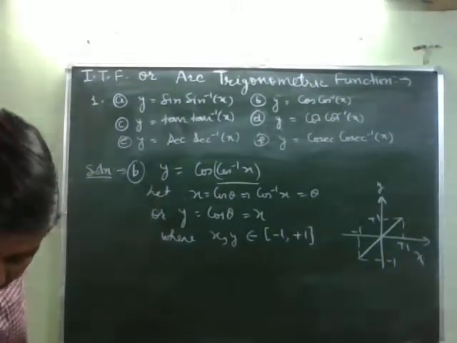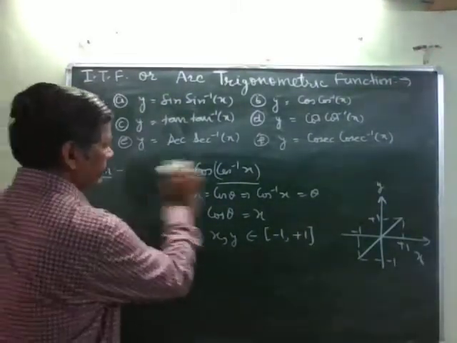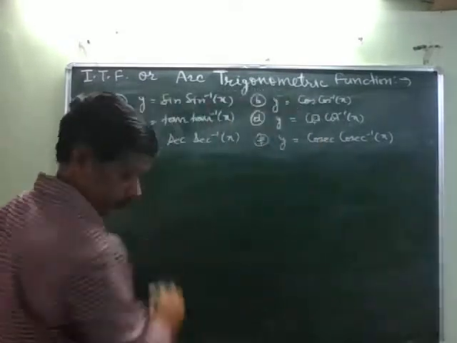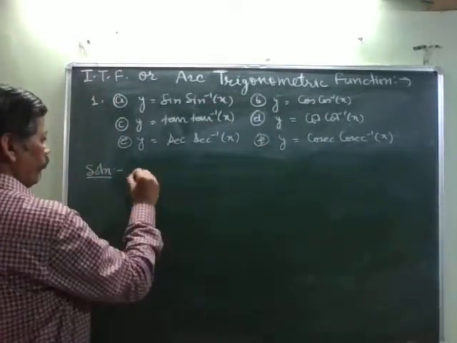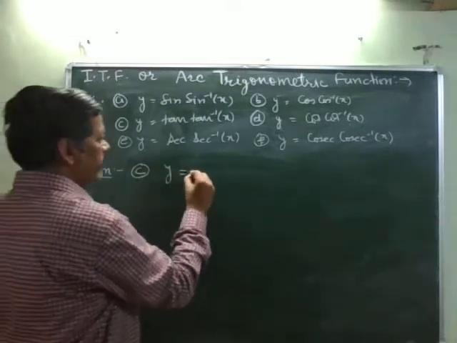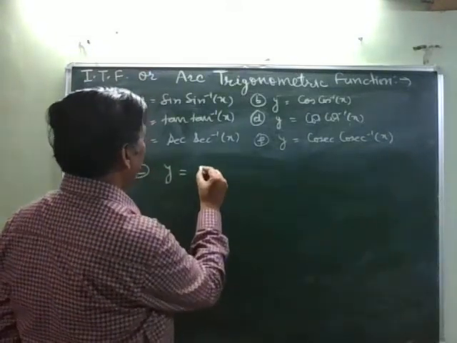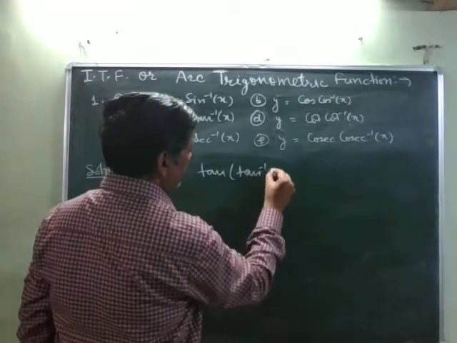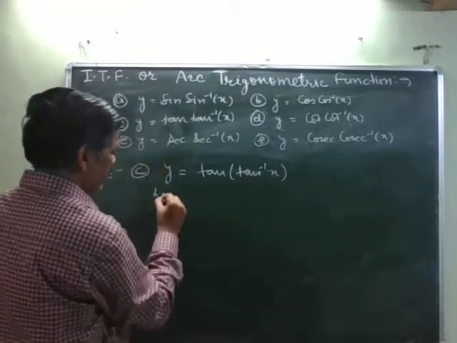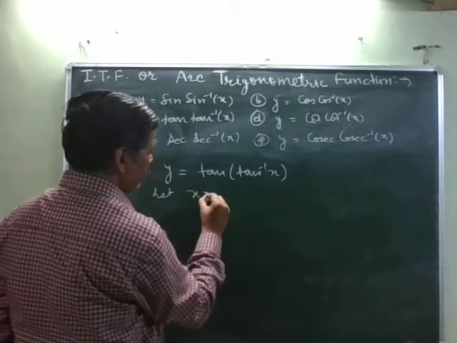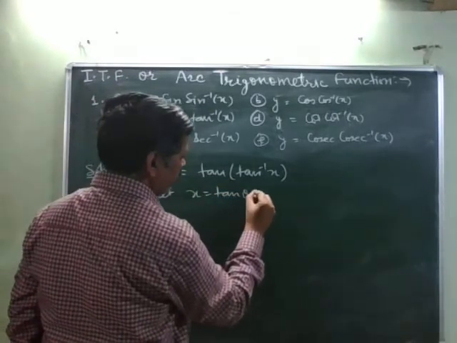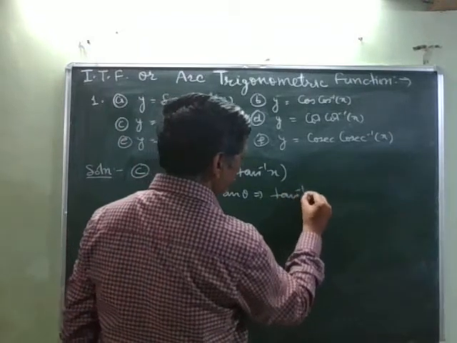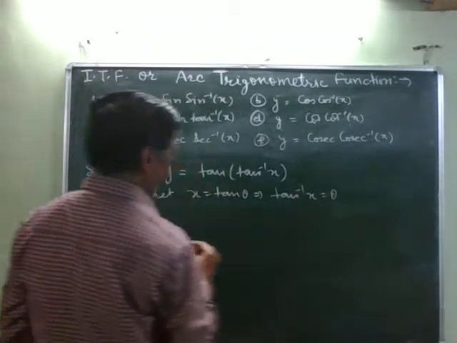Now part C. Y is equal to tan inverse x. Let x is equal to tan theta. It implies that tan inverse x is equal to theta.